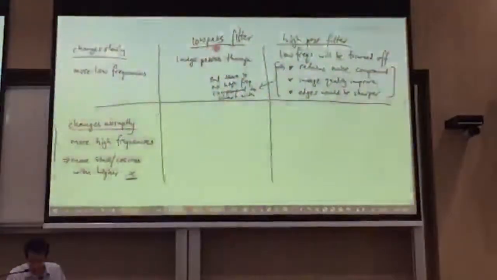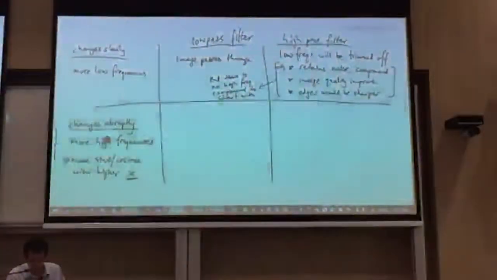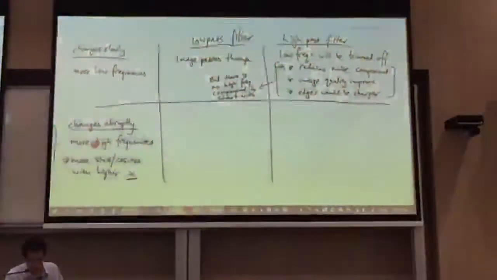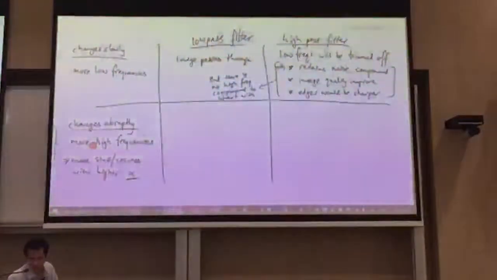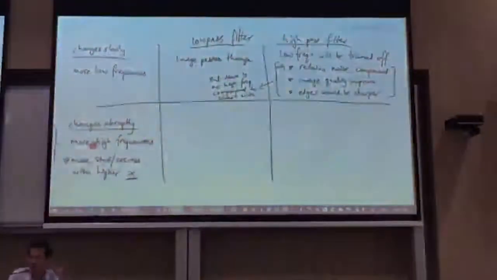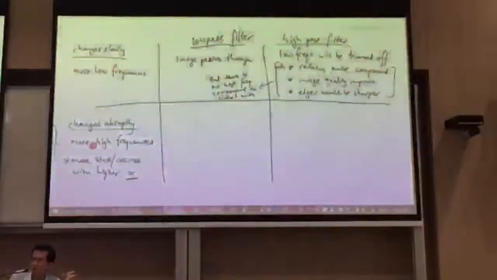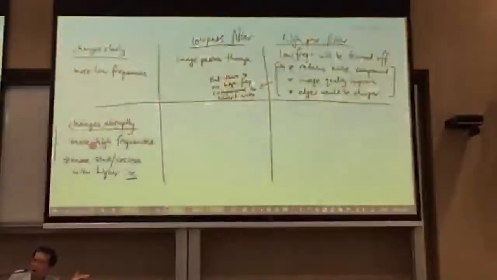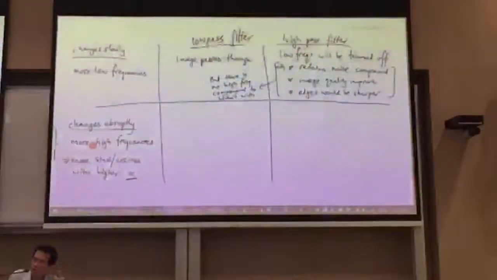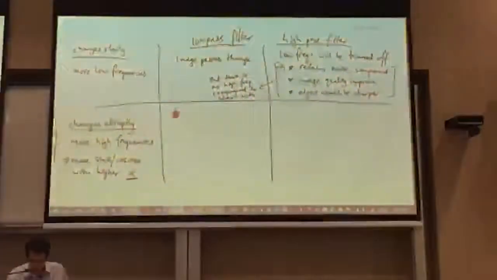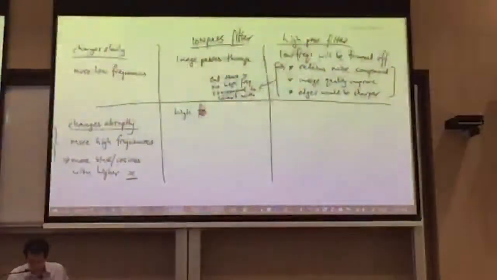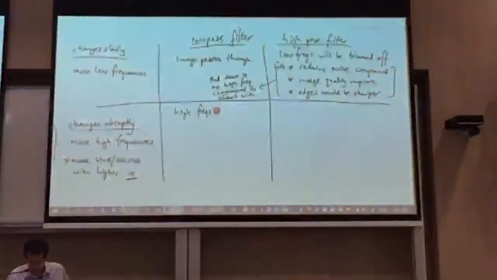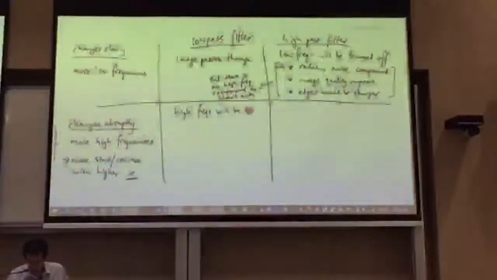So if I apply a low pass filter to that image that has a lot of high frequencies in there, what do you think is going to happen to the high frequencies for the low pass filter? All the high frequencies would be removed. So high frequencies will be trimmed.